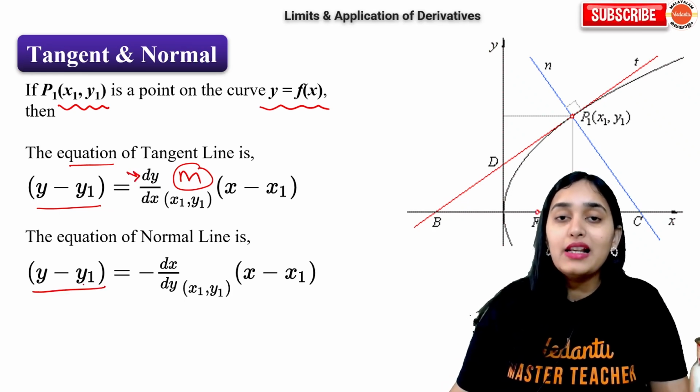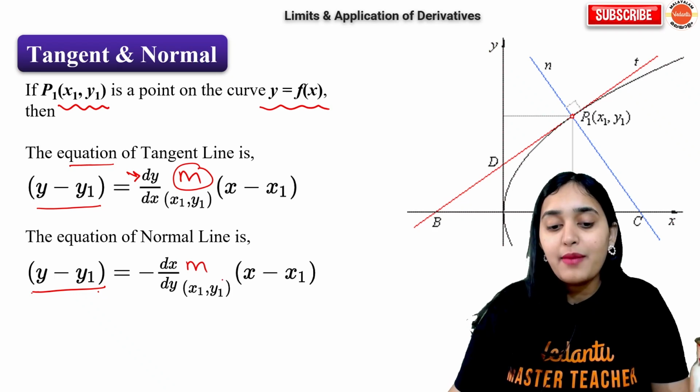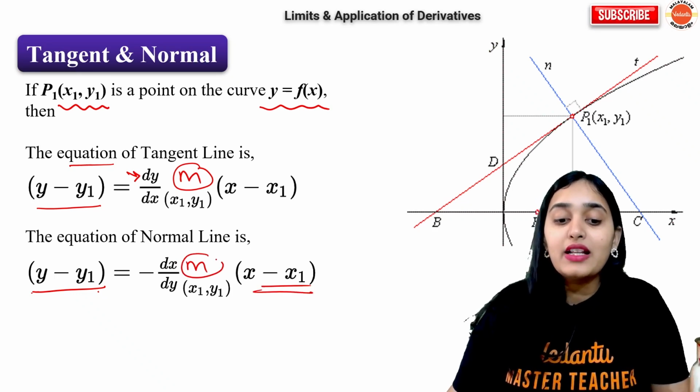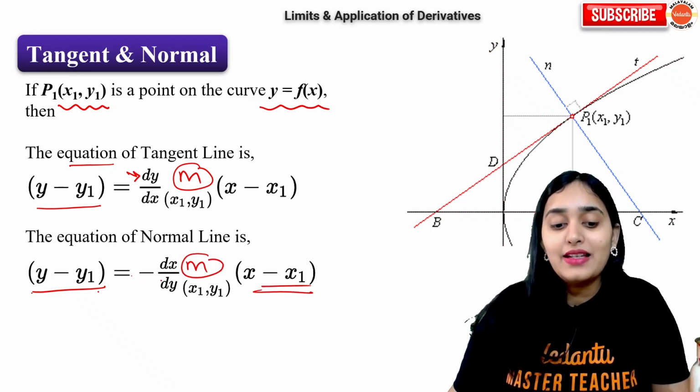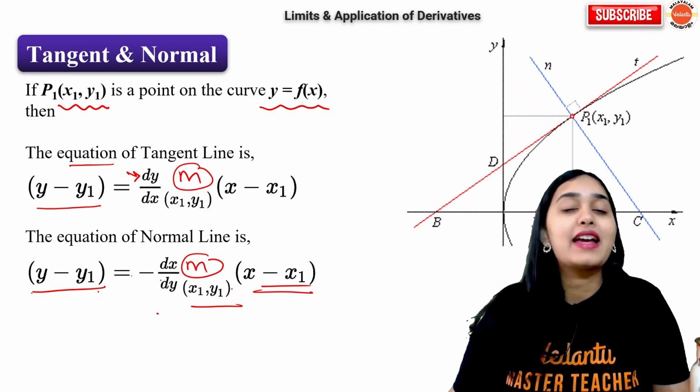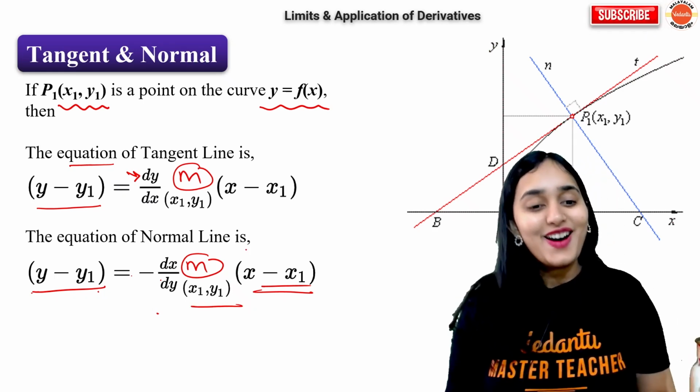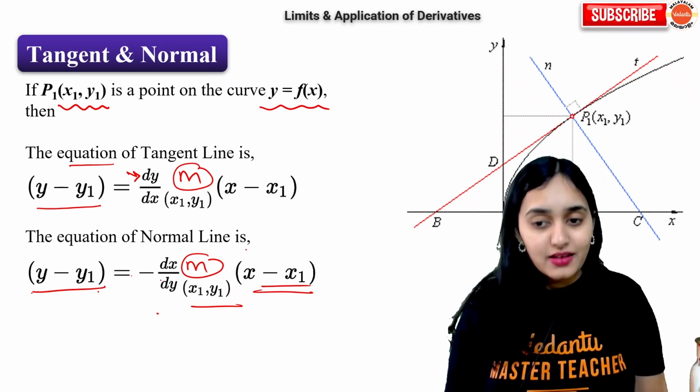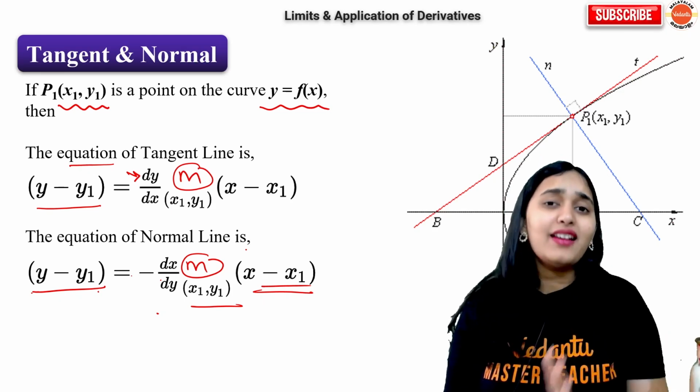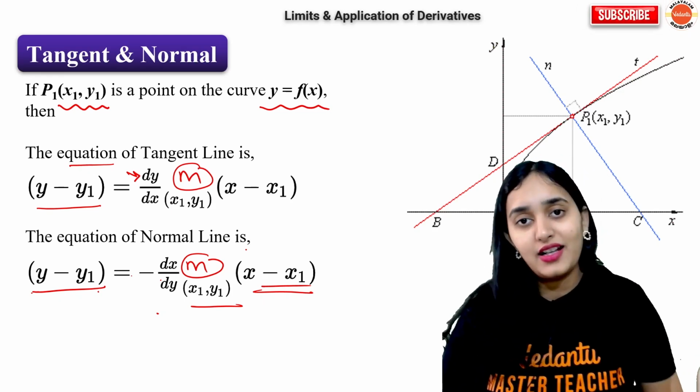Similarly for the normal, y minus y1 equals m into x minus x1, and the slope here is minus dx upon dy at the point x1, y1. Alright, so these are the equations of tangent and normal. Every year they ask a question from tangent and normal.